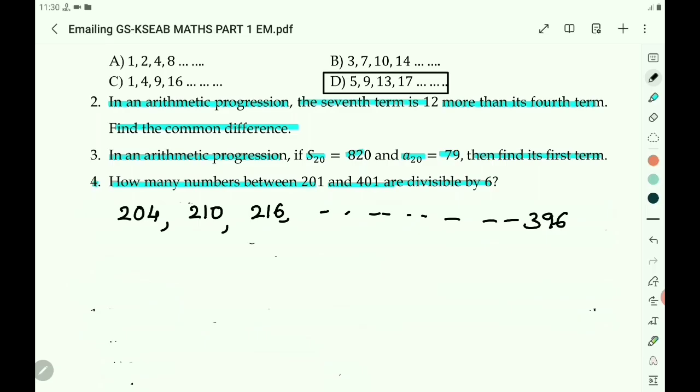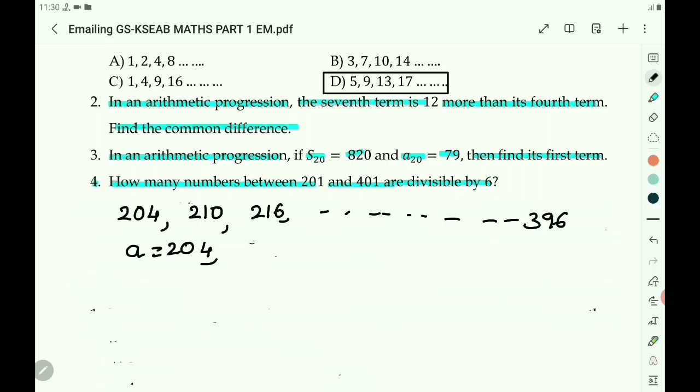Then what we have to find out: how many numbers between 201 and 401 are divisible by 6. So you take, this is the first number and this is the last number, that is the nth term, and n is to be found out. Then you take a equals what? 204.